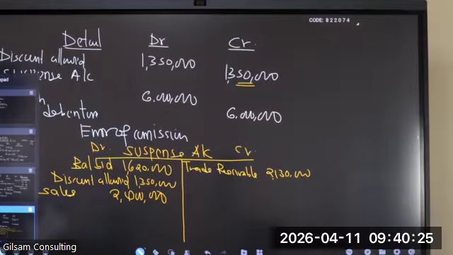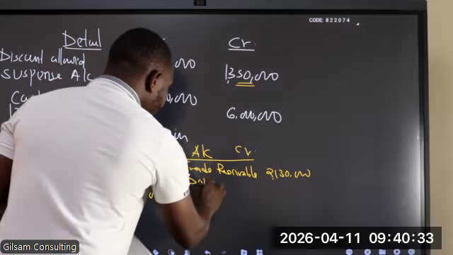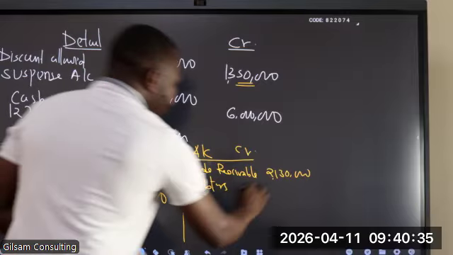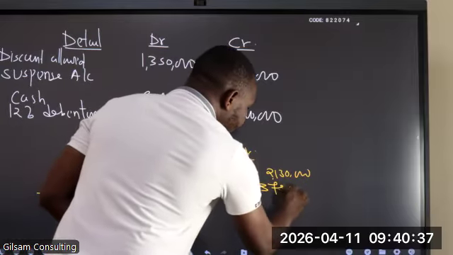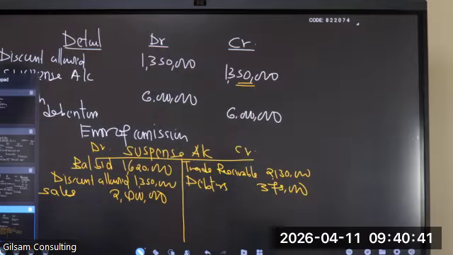Next is the debtors account, which is also a receivable. So we bring it here: debtors account of 375,000.